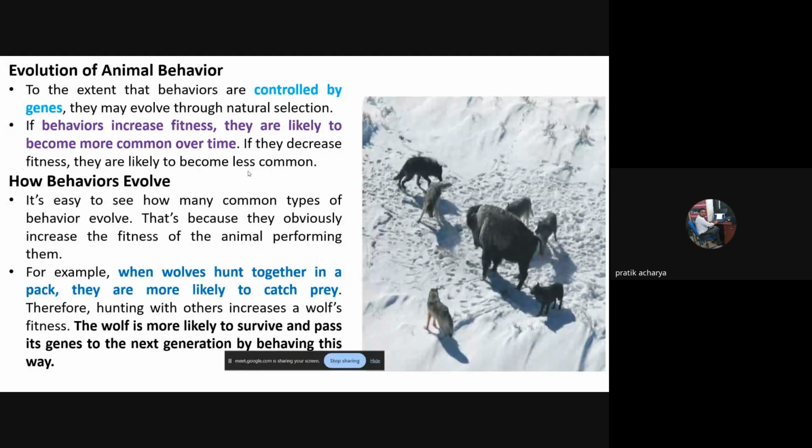Then how does behavior evolve? From very ancient times, there has been change in behavior patterns, different types of behavior. This is not a present-time change; this is ancient. If we talk about human beings, from their hunting life to present life, there is a great change in behavioral pattern.